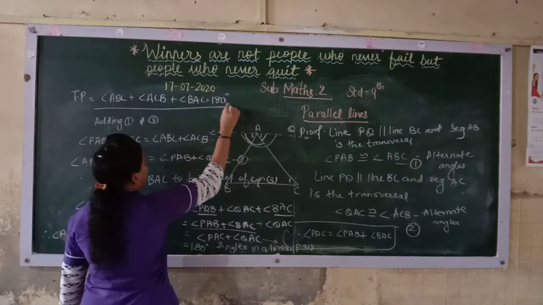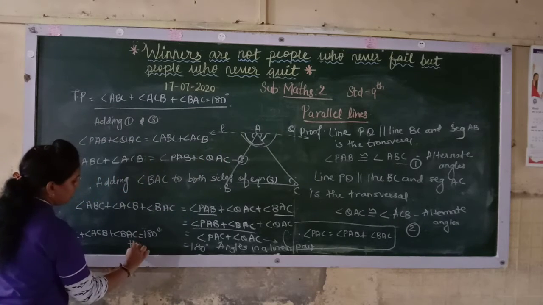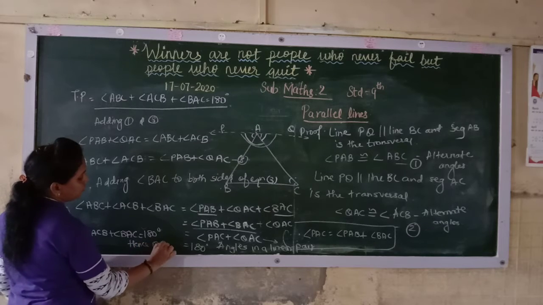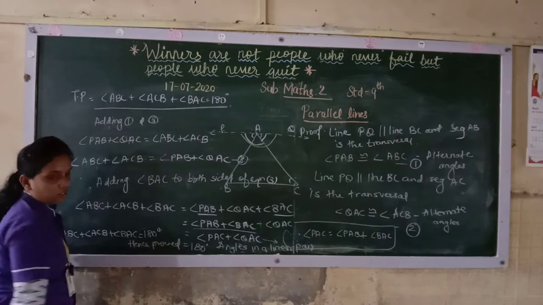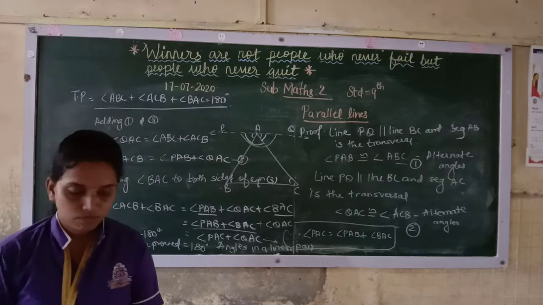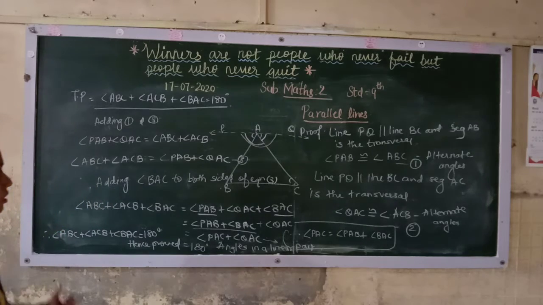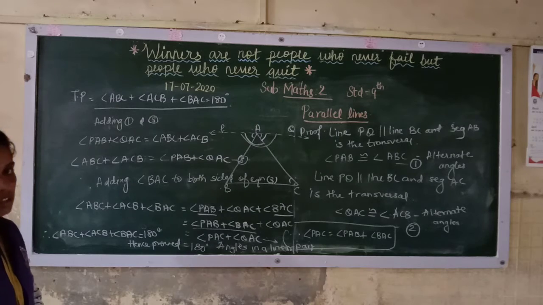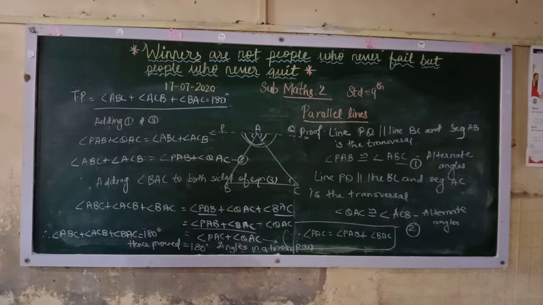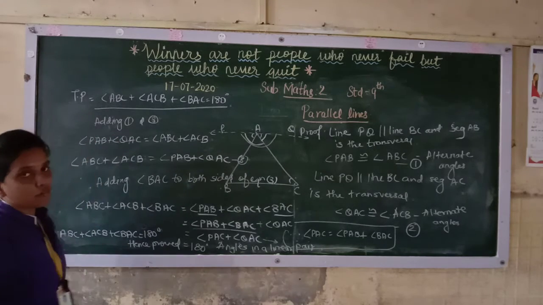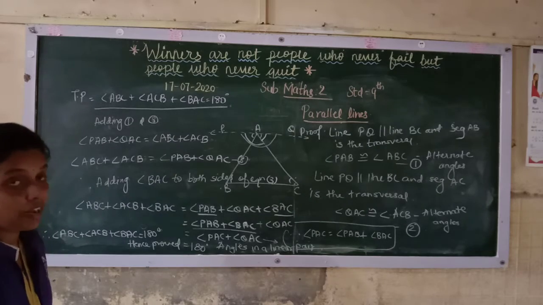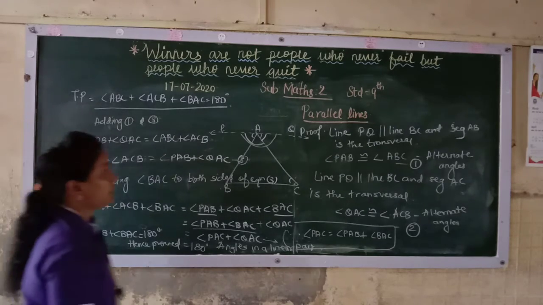That only we wanted. So here we can write hence true. So this way, using the properties of parallel lines, we have proved that the sum of all angles in a triangle is 180 degrees.